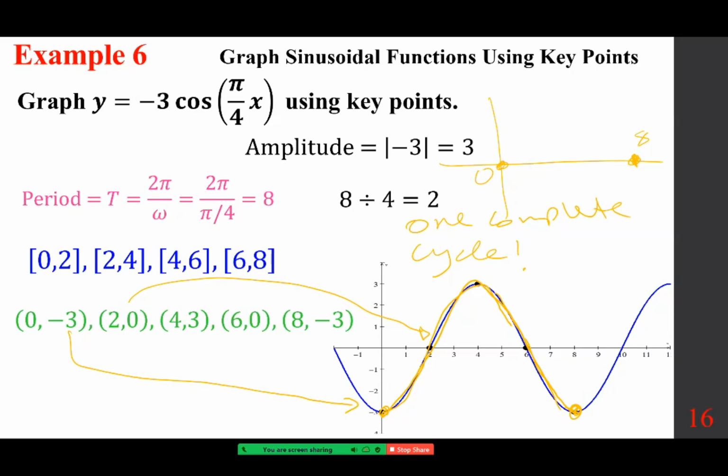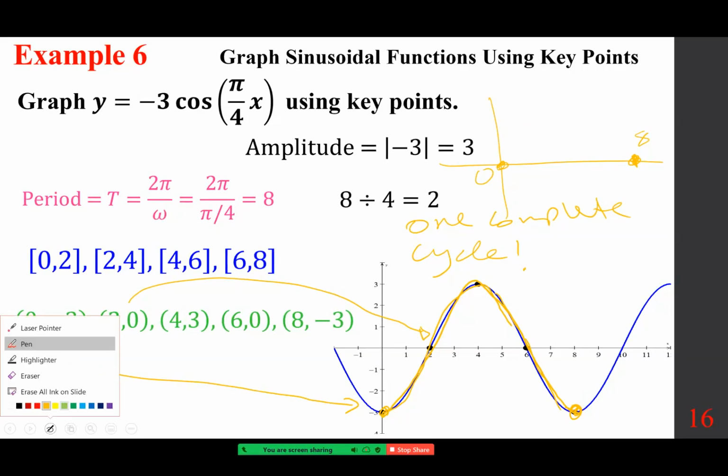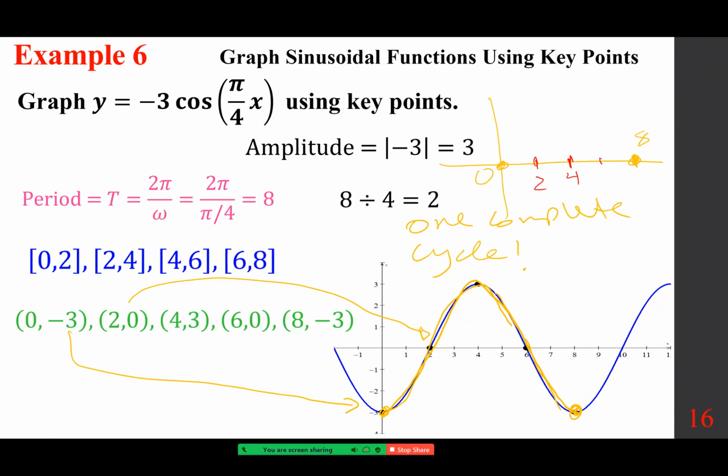cut this into 4 equal parts. So this is 4, 2, 6, and then do your graph. The first one is negative 3, 0, and take it from there.